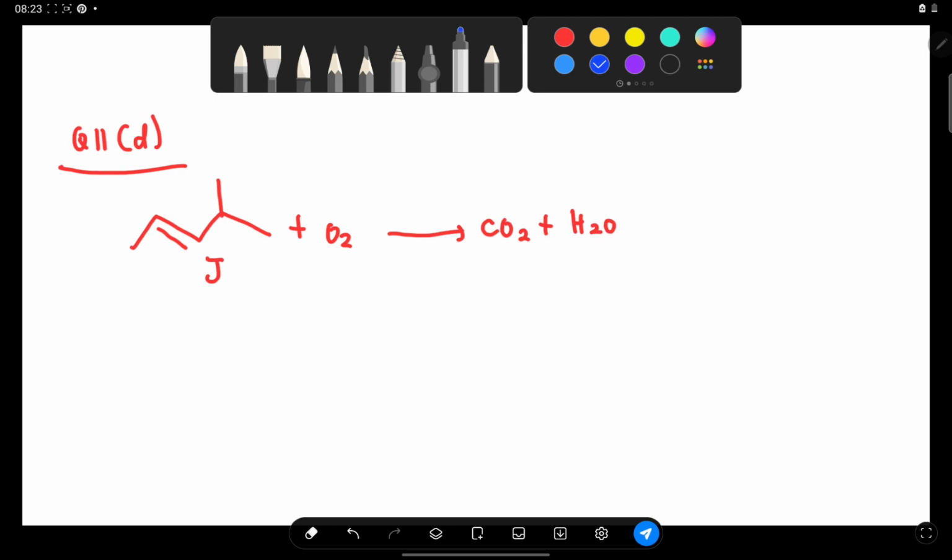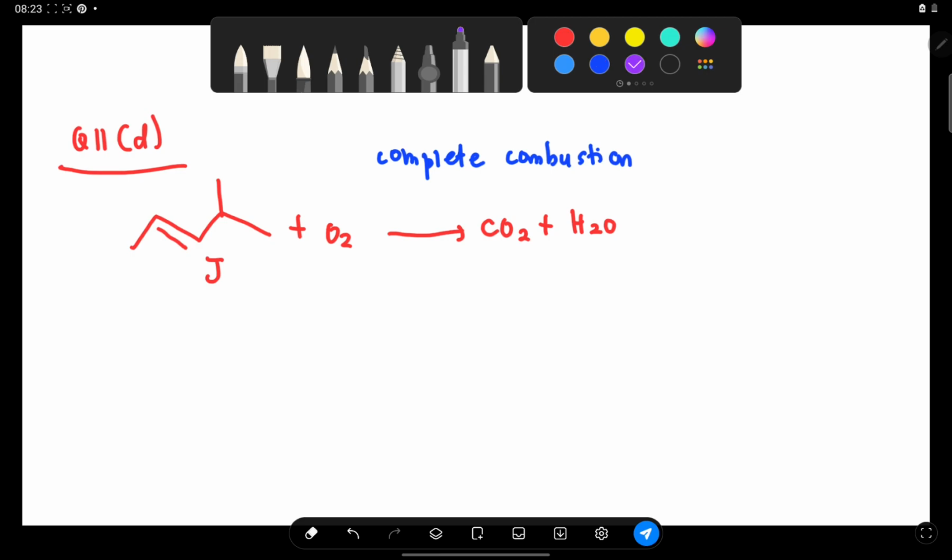This is what we call complete combustion. When the question states combustion, we assume it involves complete combustion. Then you need to balance the equation.